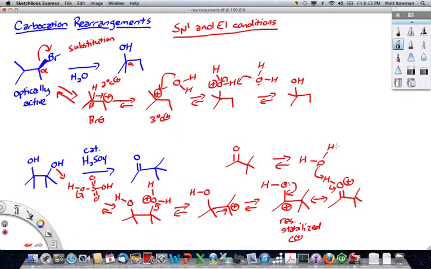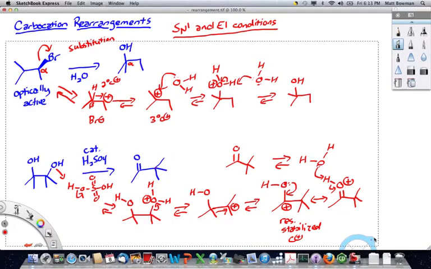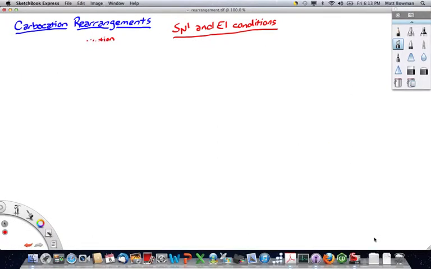The way rearrangements work goes back to why tertiary carbocations are more stable than secondaries, and secondaries are more stable than primaries.